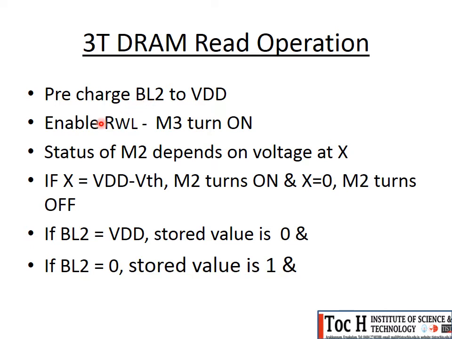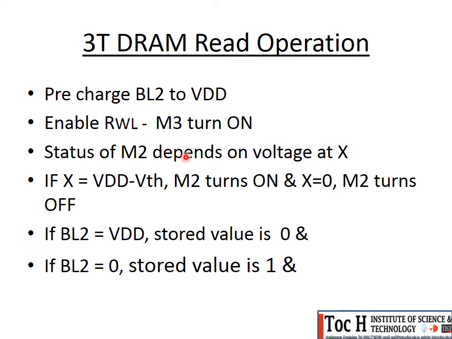Now the second step is to enable the respective word line. Here we are doing the read operation, so we enable the RWL line. By enabling the RWL line, the transistor M3 gets turned on and M1 will be off naturally.